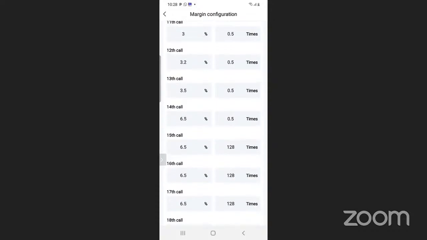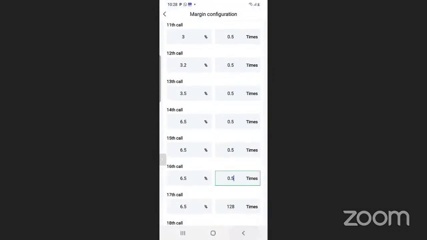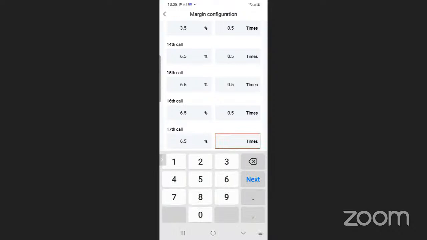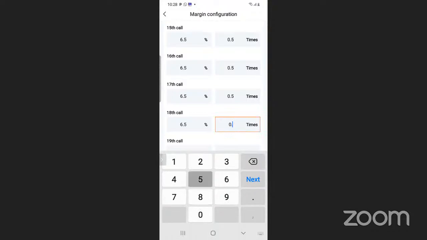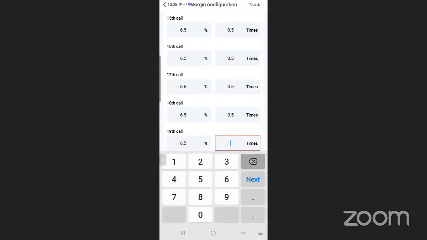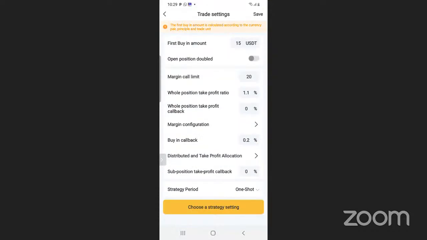Okay. Zero 0.5. Okay, and then you can confirm. All right, it is okay.